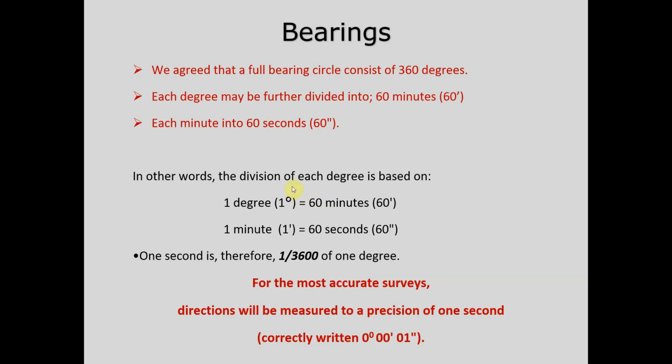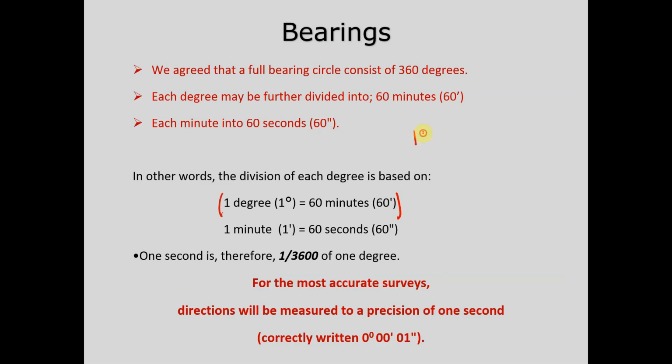What is it equivalent to? Simply, each 1 degree is 60 minutes. It shouldn't be hard really, it's exactly the same as time. As each 1 hour is 60 minutes and each 1 minute is 60 seconds, we have it exactly the same, but rather than the hour we use degrees.